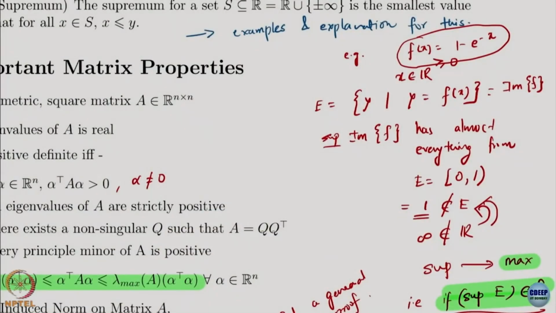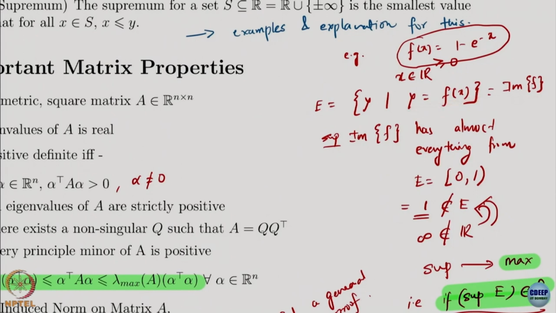Alright, let's look at another example. In this case, it's a function. It's a set created from the image of a function. Look at the function f(x) = 1 - e^(-x), where x is a non-negative real number, and look at the set E, which is the image of f.